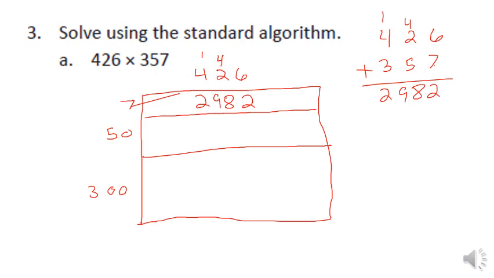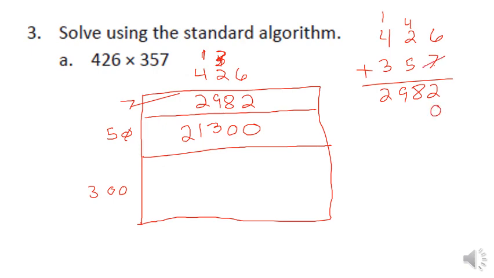Now the next problem would be 50 times 426. But we're going to put the 0 here so we can eliminate that and use our basic math facts. 5 times 6 gives us 30. Carry our 3. 5 times 2 is 10 and 3 is 13. Carry our 1. 5 times 4 is 20 and 1 is 21.